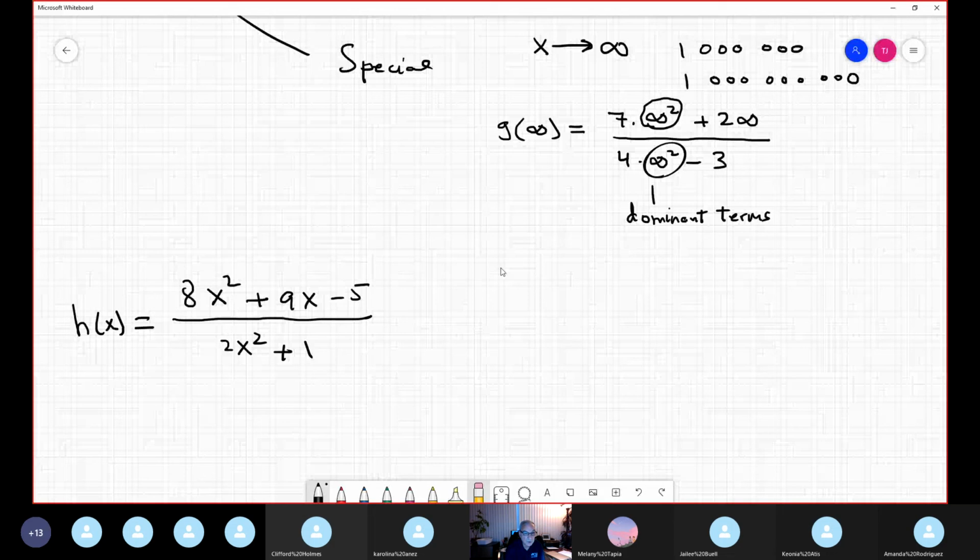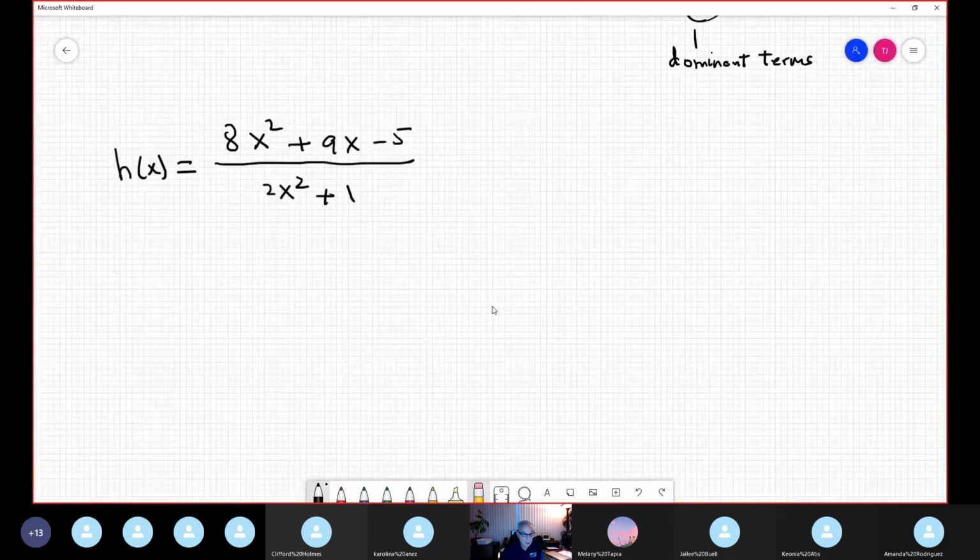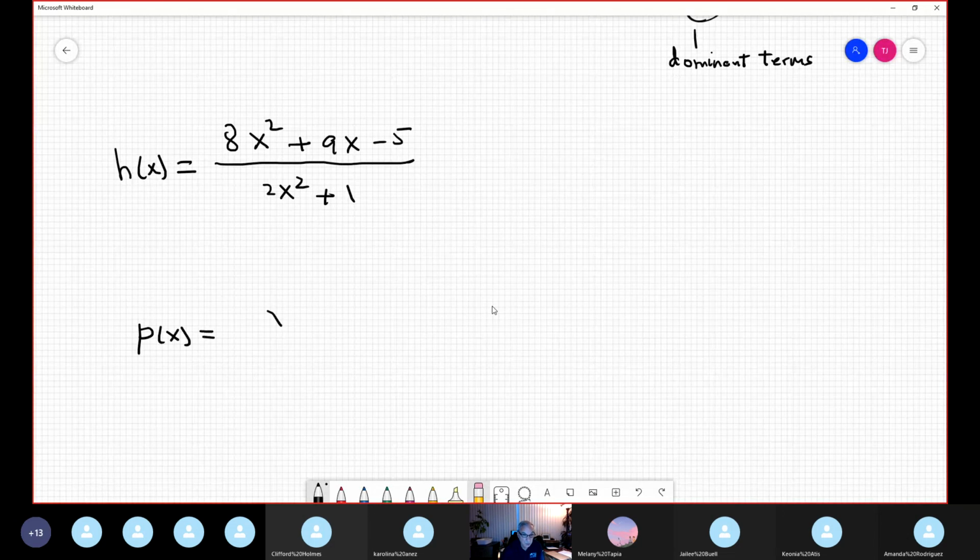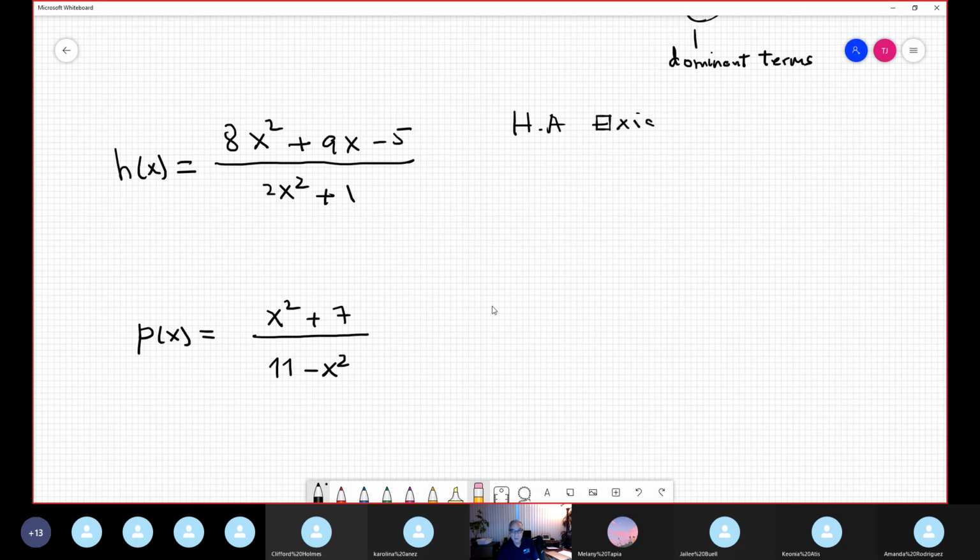And we have another, p, and p is x squared plus 7 over 11 minus x squared. I have two questions for both examples. Question number one: does the horizontal asymptote exist or not? And the second question is, at what value?